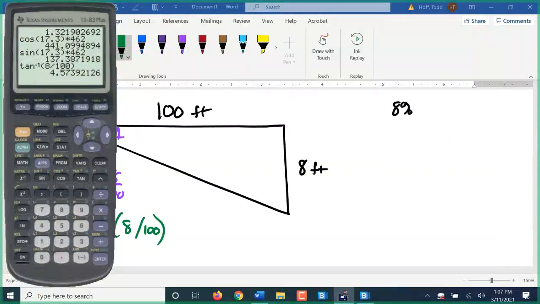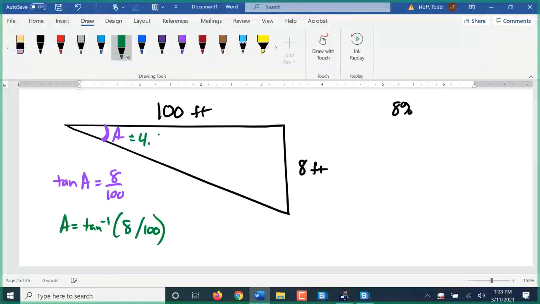When we divide that out, we get 4.57 degrees. That is about 4.5 or 4.6 degrees, the maximum angle of depression or elevation that we are allowed to have for most roadways when you survey out the route.